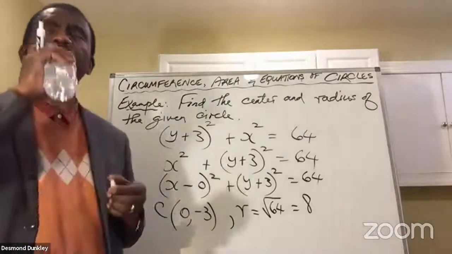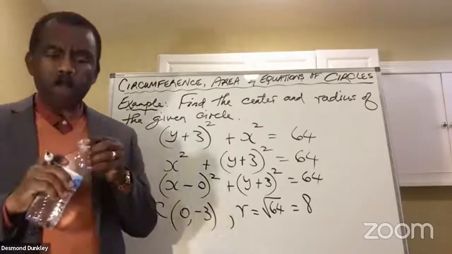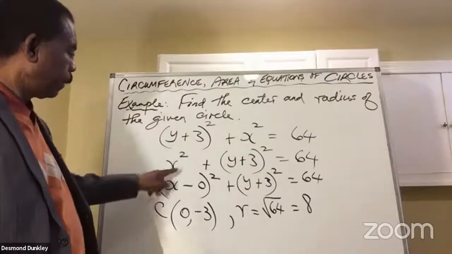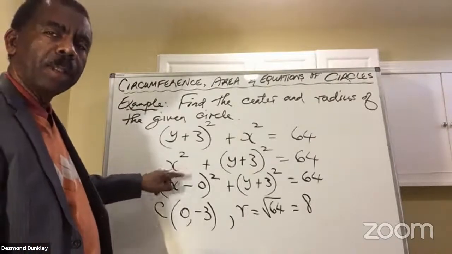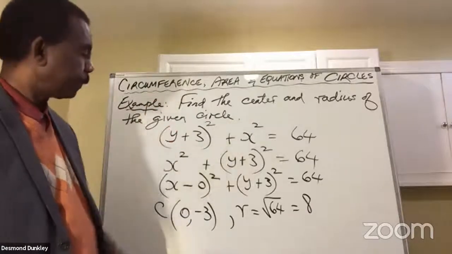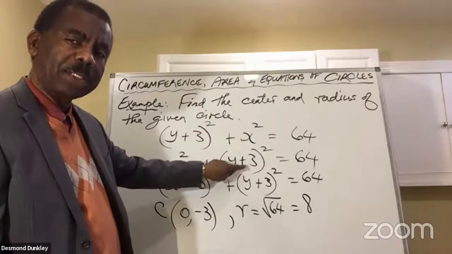I hope you saw what just happened just now. I did two things. One, I didn't give you the x coordinate for the center. And for the y portion, there is a plus.